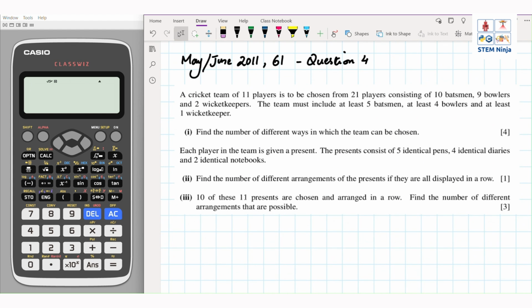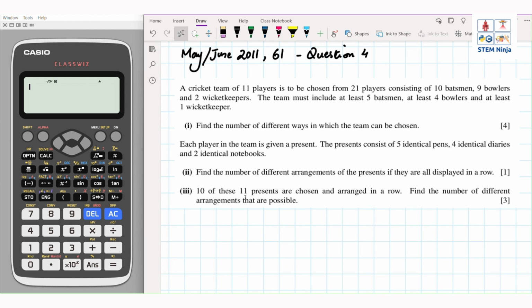This is May/June 2011, paper 6-1, question 4. A cricket team of 11 players is to be chosen from 21 players, consisting of 10 batsmen, 9 bowlers, and 2 wicket keepers. So this information is absolutely important.